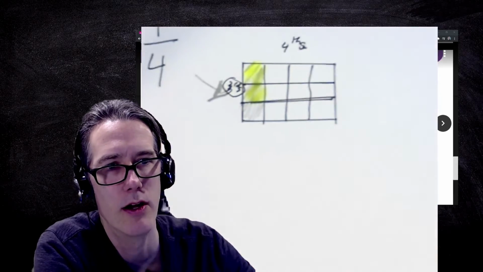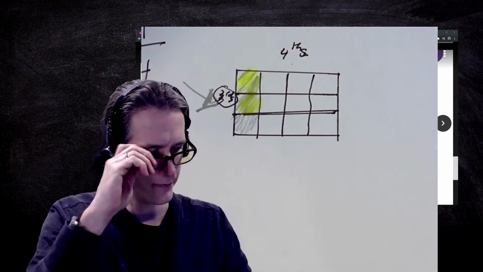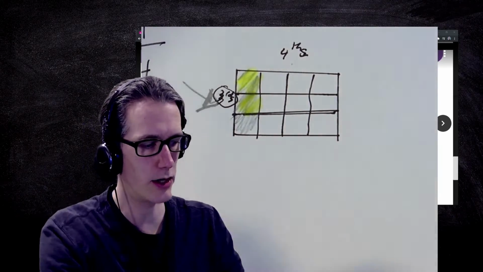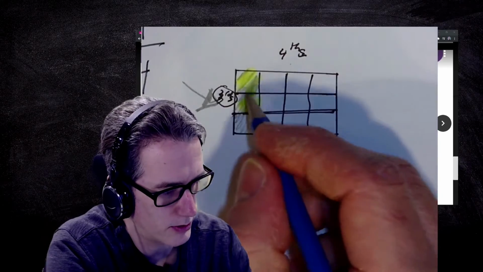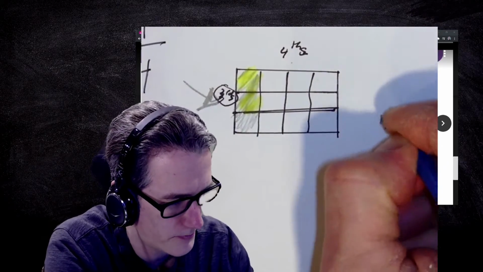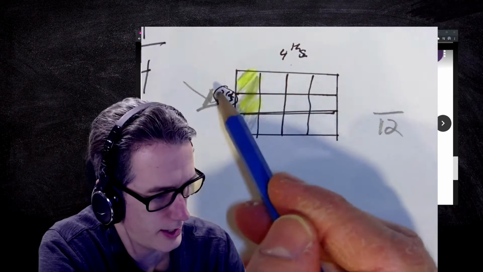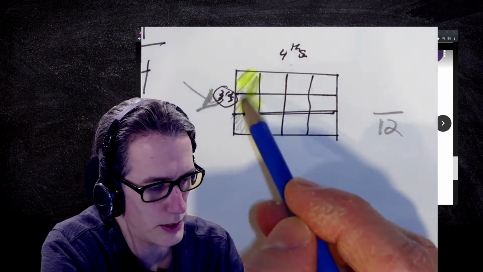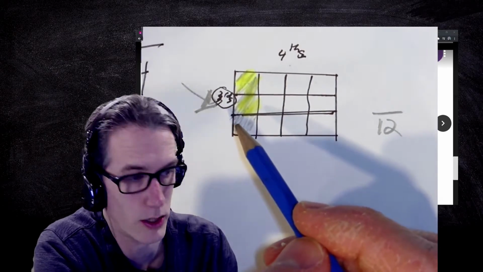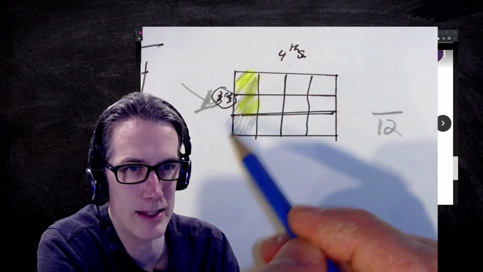Now it's just a matter of taking a close look at this area rectangle and figuring out how many squares I have in total, and that would be my denominator. So I do a quick count. So 1, 2, 3, 4, 5. Well, you can do multiplication. 3 times 4 is 12, right? So there's a total of 12 squares here. And out of those, only 2 of those are colored in by both the pencil, the gray, and the yellow.